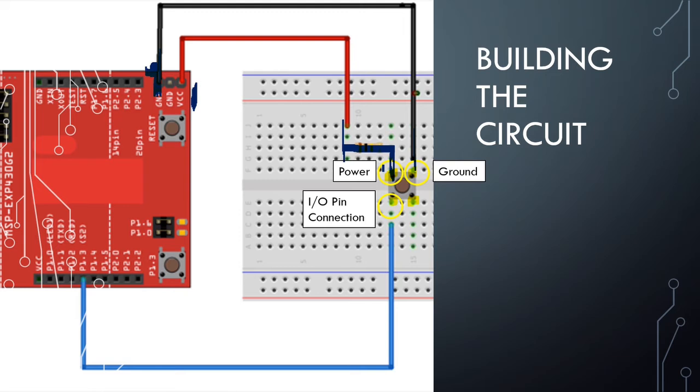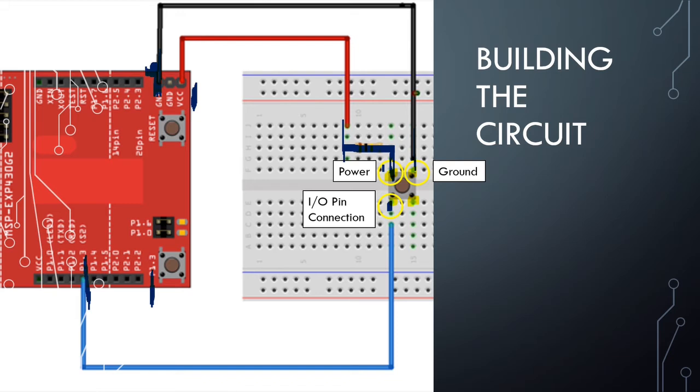Our third pin will be the pin that we're reading from to check if the button is pressed or not. So we have a power source, our pin is grounded. Now we need a way to read it. So what we're going to do is connect our third bottom left corner to a pin. Here I have it connected to pin 1.3 just because it is the same as our board push button, and I'll get into why in a second.